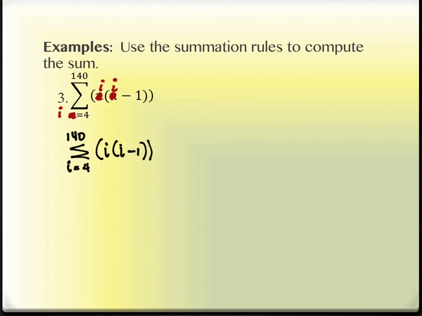But on this one, there's multiplication, right? It's i times i minus 1. So before we go any further, it would be very nice for us to distribute this and to rewrite it so that it will match my formulas a little more nicely. So it should say i squared minus i, and it will be able to be utilized more easily.